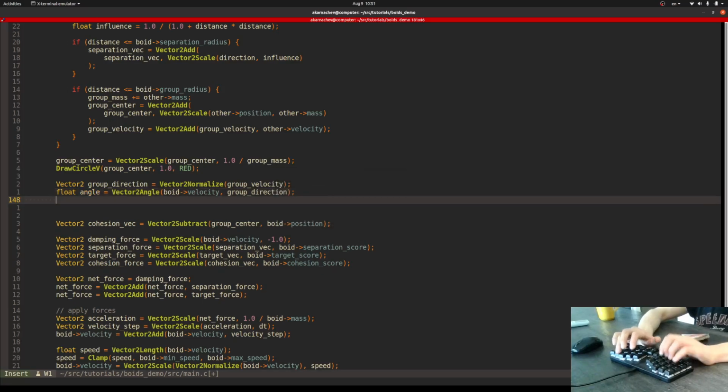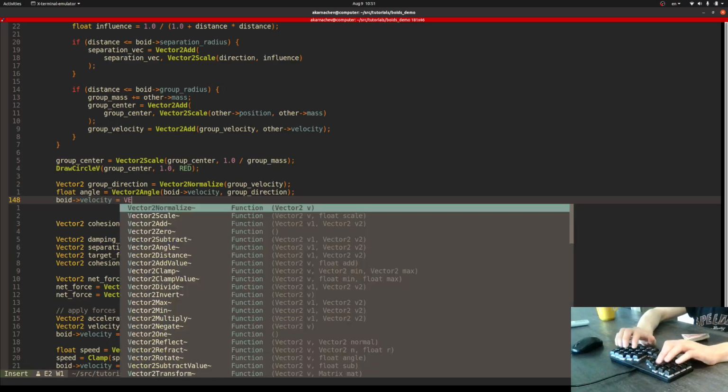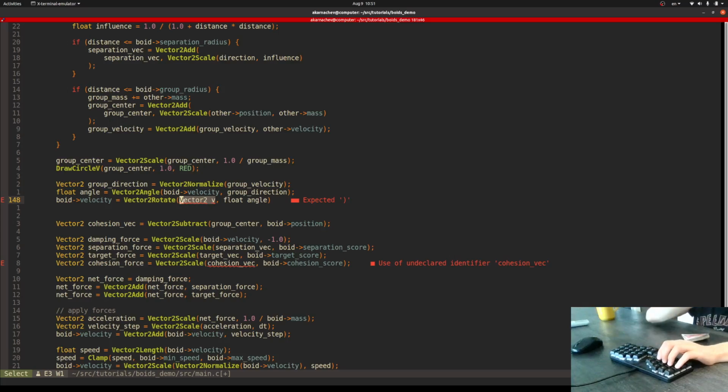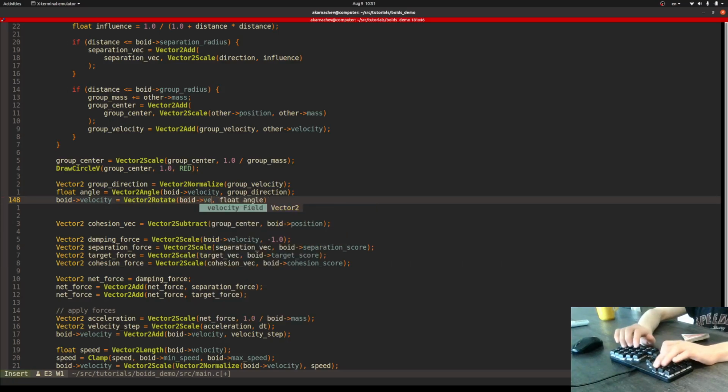Okay, let's say Boid velocity is equal to Vector2 rotate Boid velocity by angle.